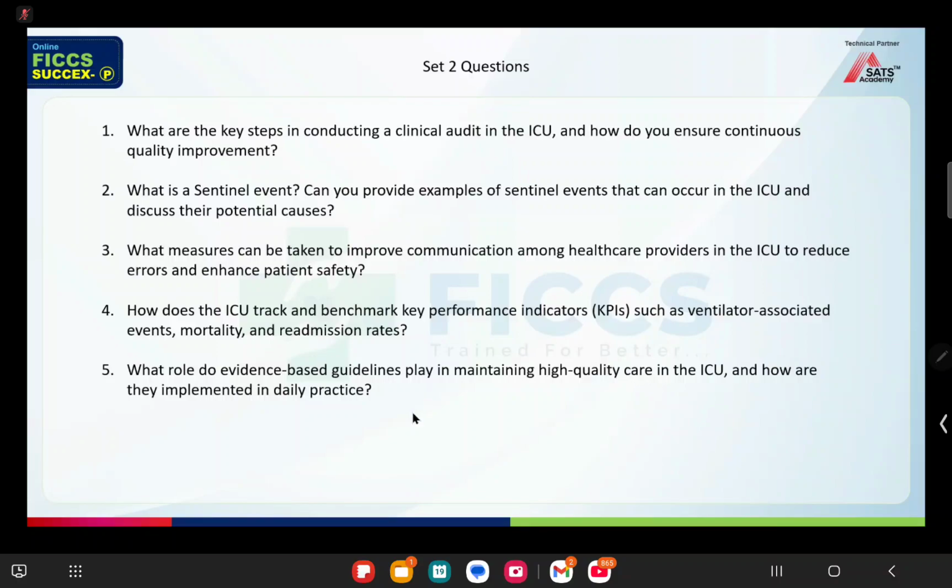Evidence-based, we can say, for example, the PROSEVA trial, which was done for proning. Or evidence-based guidelines like the CRT after the ANDROMEDA trial in the latest sepsis guidelines.